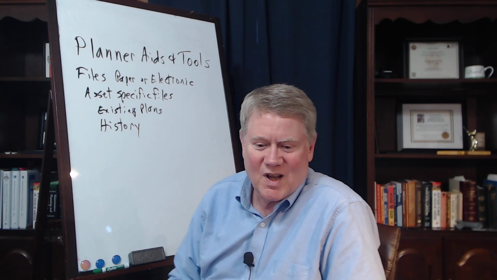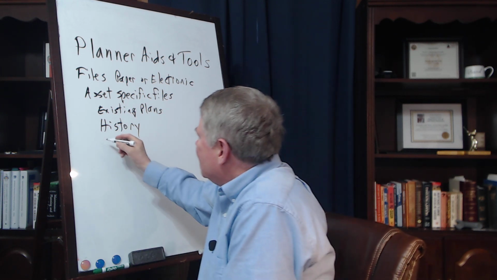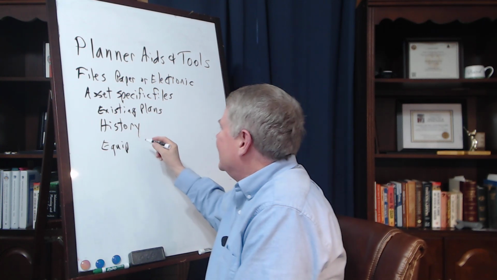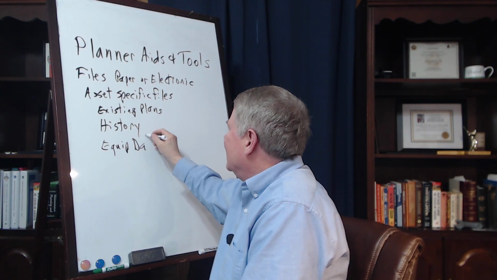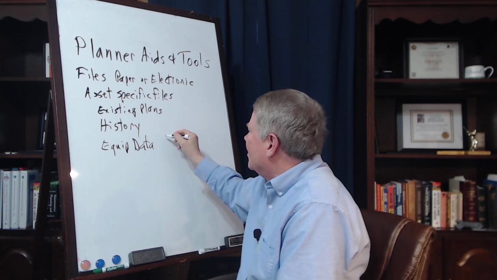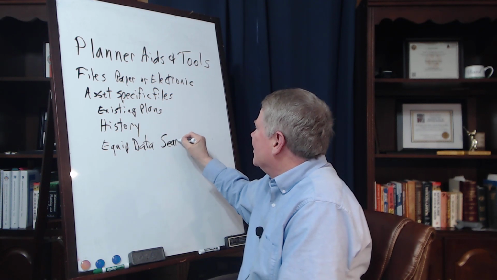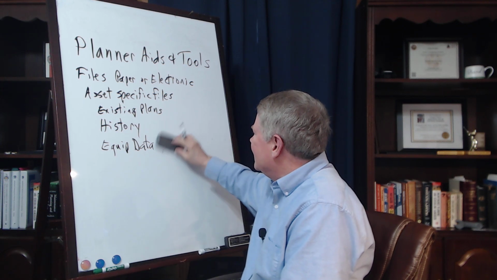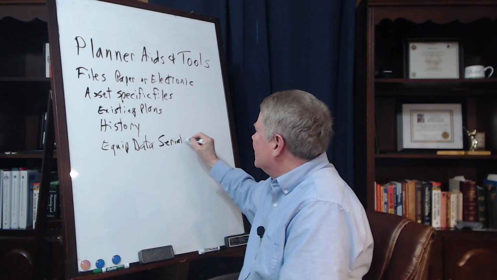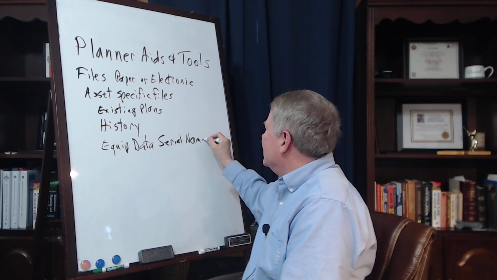Planners get in the habit of collecting equipment data. That would be the serial and nameplate information.